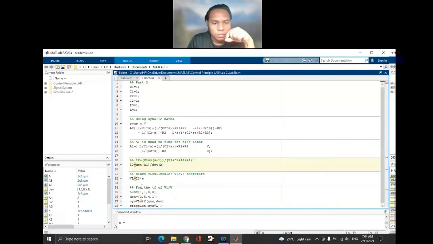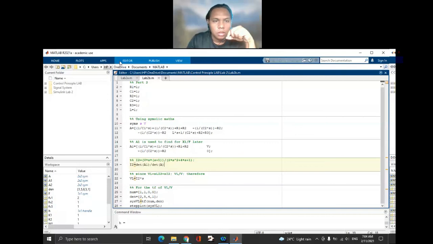After we are done, we need to find the transfer function based on the output signal that we determined from A1 and A. As usual, we key in the numerator, denominator, sys, and step plot to display our output signal.